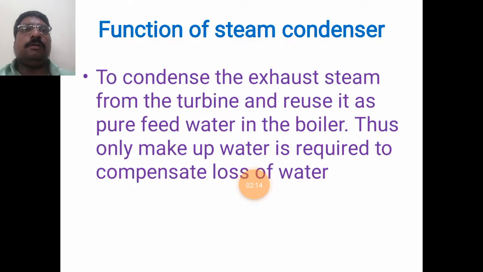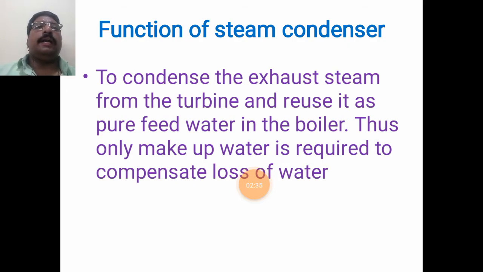The main function of the steam condenser is to condense the exhaust steam from the turbine and reuse it as pure feed water in the boiler. Thus only makeup water is required to compensate the loss of water.